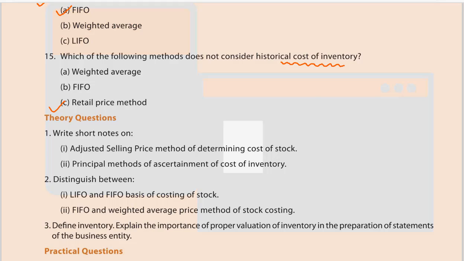Theoretical questions. Number 1. Write a short note on adjusted selling price method of determining cost of stock. Let us do it.